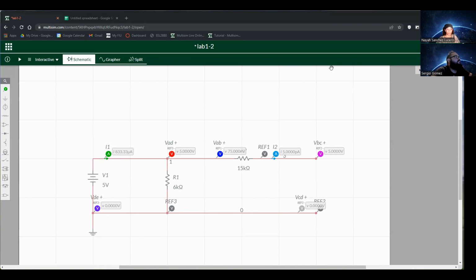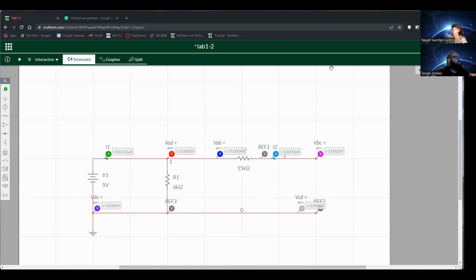So for VAB, we have a potential difference of 75 nanovolts, which is basically 0, and this is because of the open circuit. For VBC, we have a potential difference of 5 volts, and this is because we're measuring the voltage across the battery.